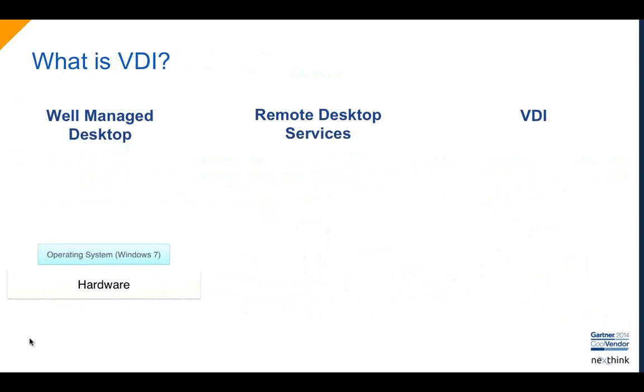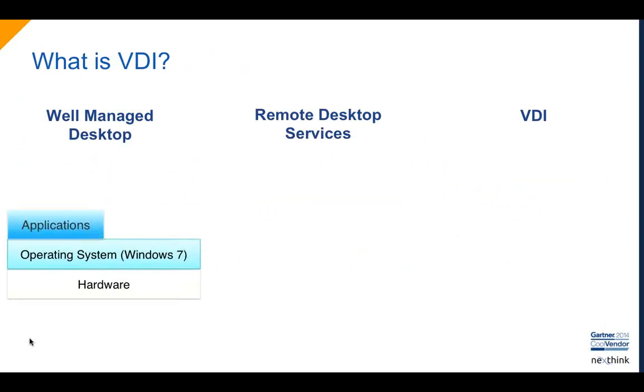The well-managed desktops, we have the hardware. On top of it, we have the operating system that runs there and consumes the hardware, and on top of the operating system, we have the applications. Sometimes we might have a virtualized application that can launch a different operating system on top of our running operating system, like VMware or something like this, which can run on any desktop and run a different operating system on top of that.